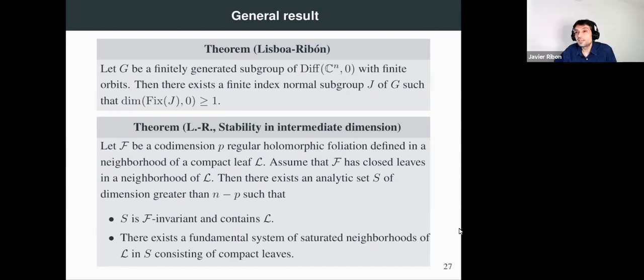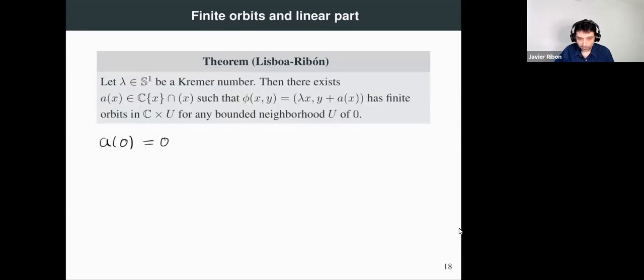I think you can try to consider that kind of problem because, for instance, this example that I gave at some point, an example of a diffeomorphism that has finite orbits and has no finite order.